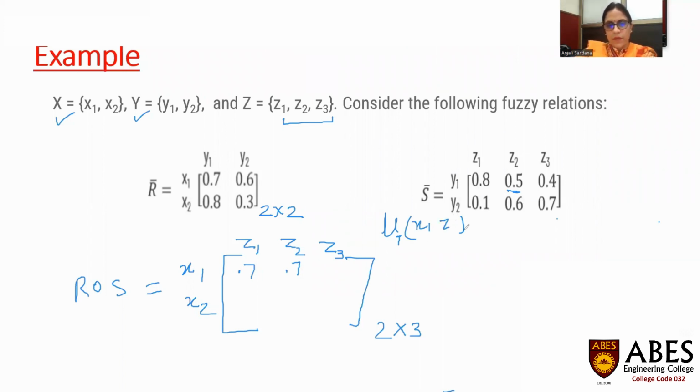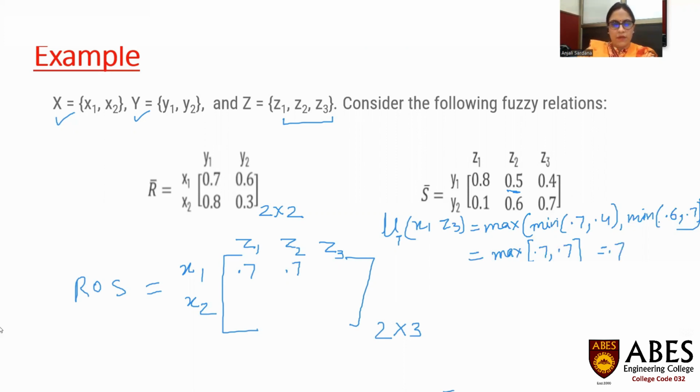It will be maximum of minimum of values from x1 y1, which is 0.7, and y1 z3, which is 0.4, minimum of x1 y2, which is 0.6, and y2 z3, which is 0.7. Outcome will be maximum of 0.7 and 0.7, which is 0.7. So here also we'll be getting 0.7 as the outcome.